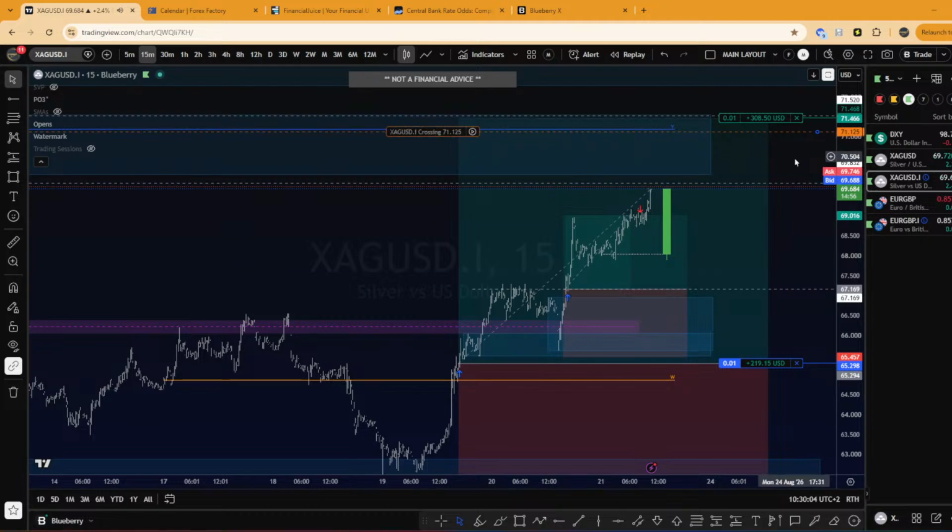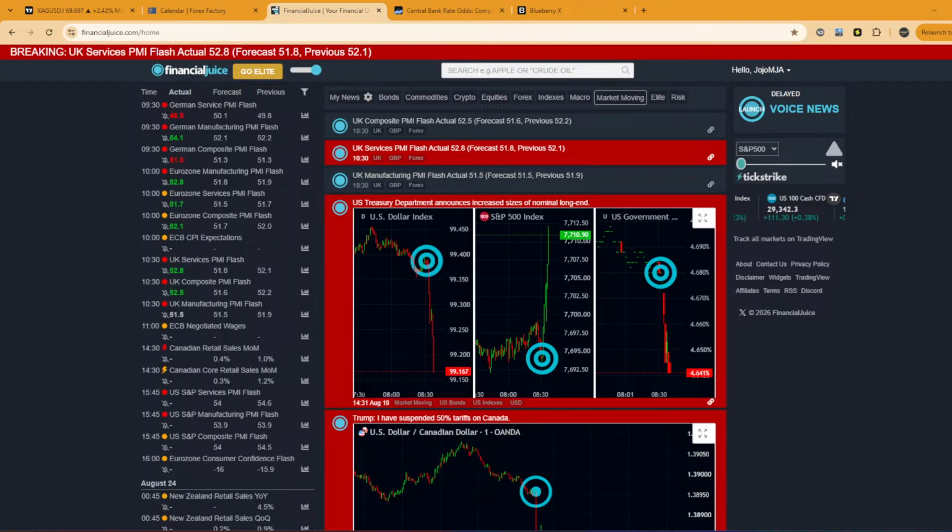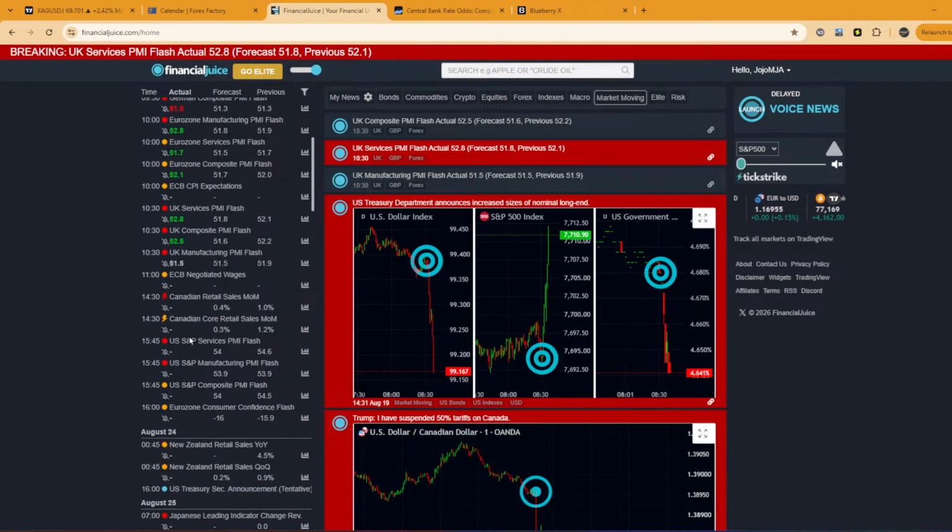We got the release. Let's see. We got the release on pound PMI. So let's see PMI. So come on, print. So UK PMI comes out strong.